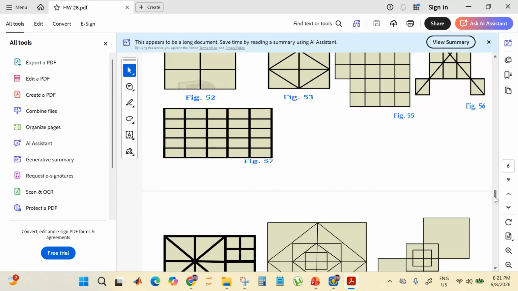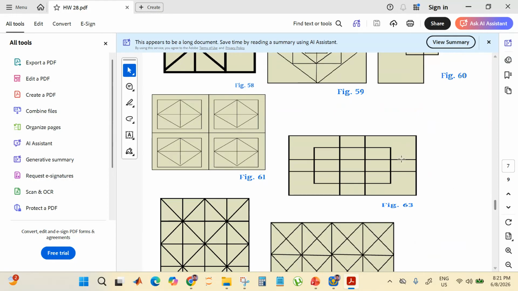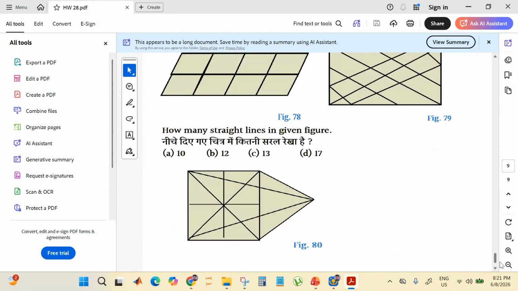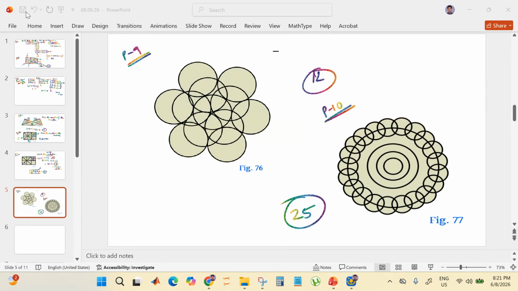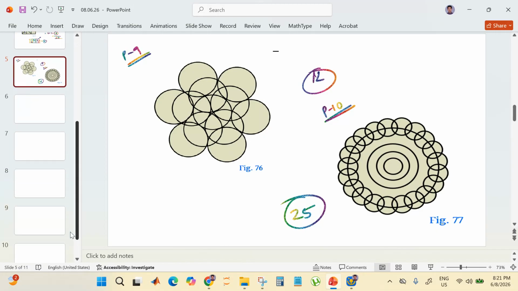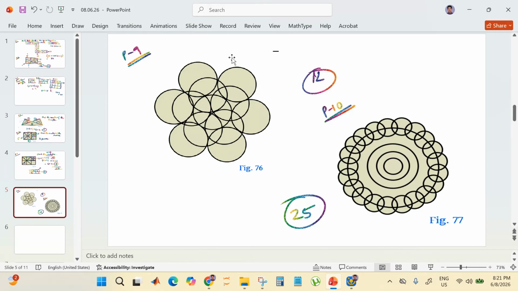There is no option, so you just have to find the numbers and check with the answer key. Answer key means answers. Actually, this part is remaining only for the counting figures.